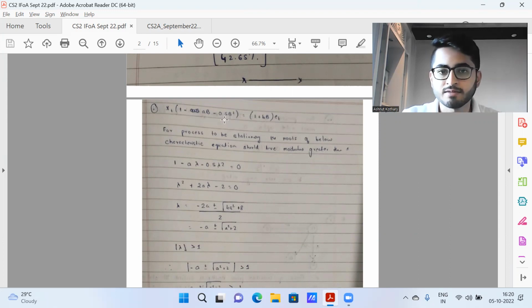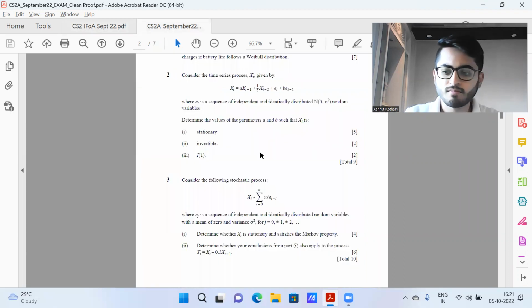Solving this, we get a as nothing but 0.5. And the other root, you can check, should, if I'm not wrong, come out to be 2 itself. So, the resulting process will be an I(1) process, wherein if you difference the process once, the resulting process is a stationary time series process. So A will come out to be half, which is the answer for the third part.